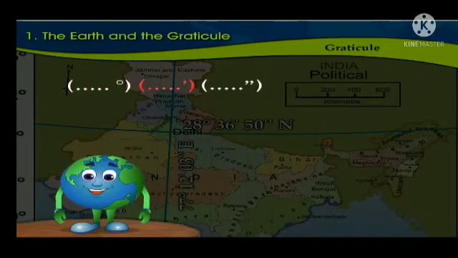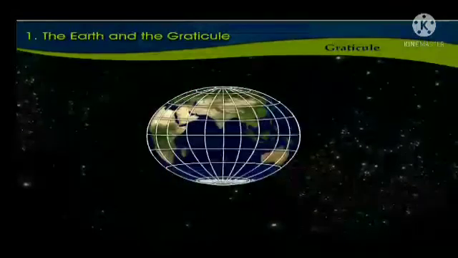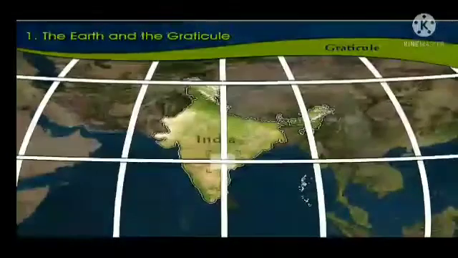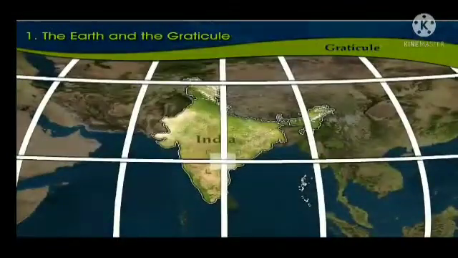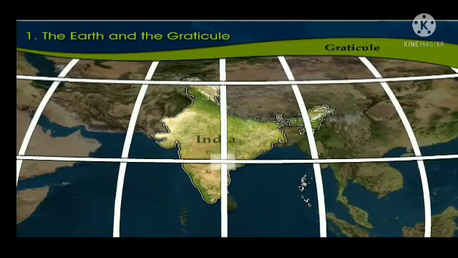In this way, we use graticules to identify the location of a place on the earth. This method is used very effectively even in today's modern age. How is it used?